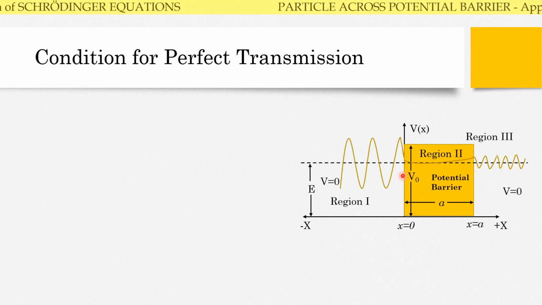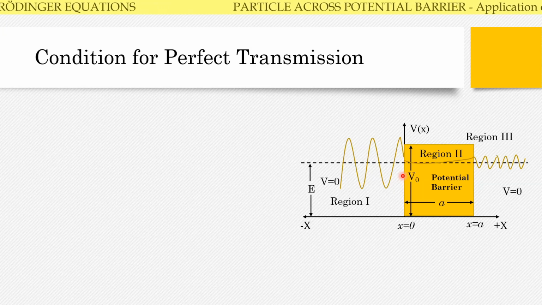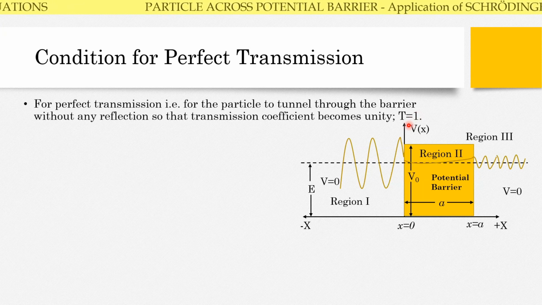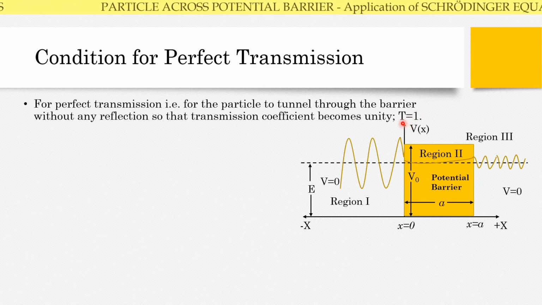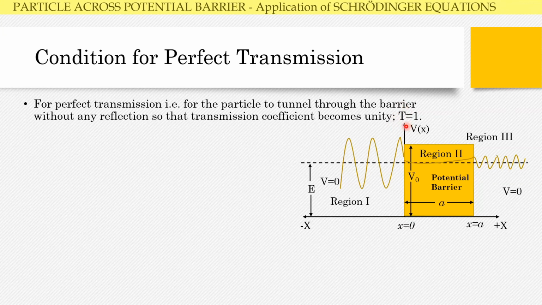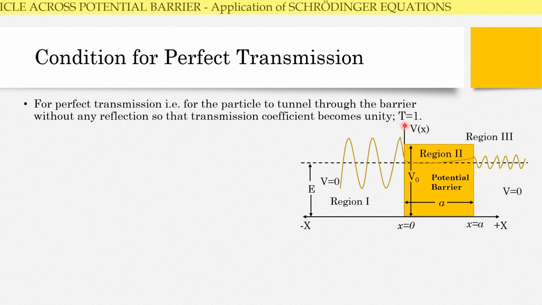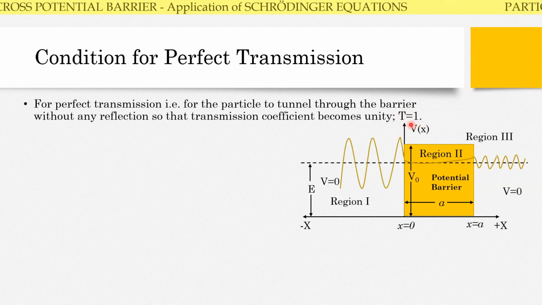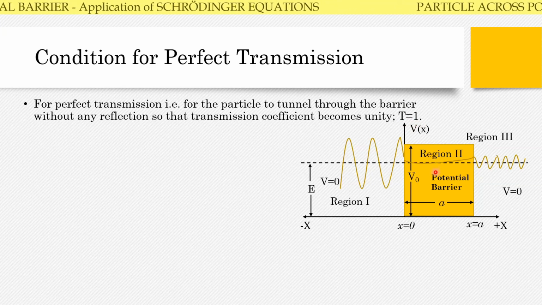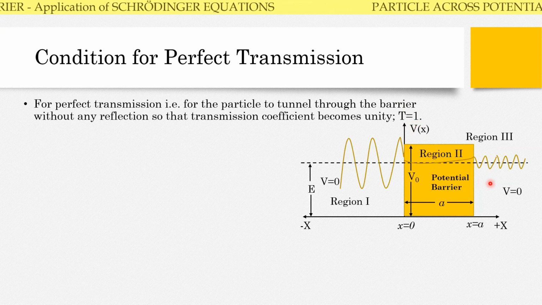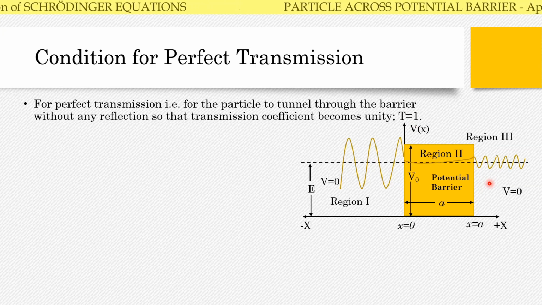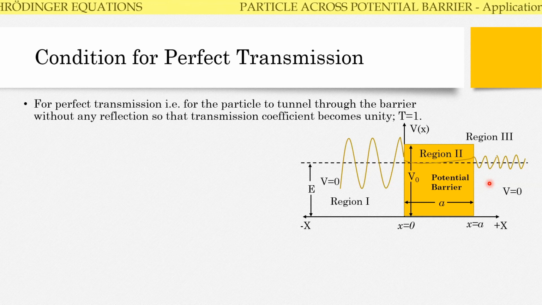That condition can be calculated by taking T equal to 1. Obviously, when T, the transmission coefficient, becomes unity, it means that the transmission is 100%. There are 100% chances of getting penetrated through the potential barrier and appearing in region 3. This will be called the perfect transmission, the perfect tunnel.